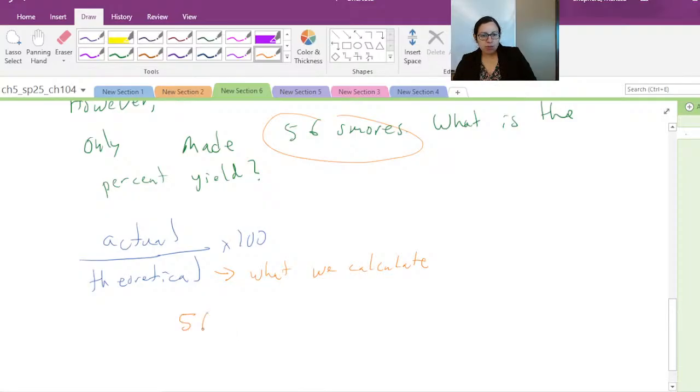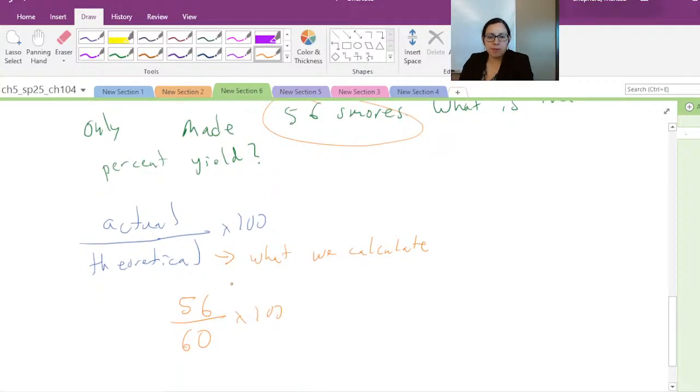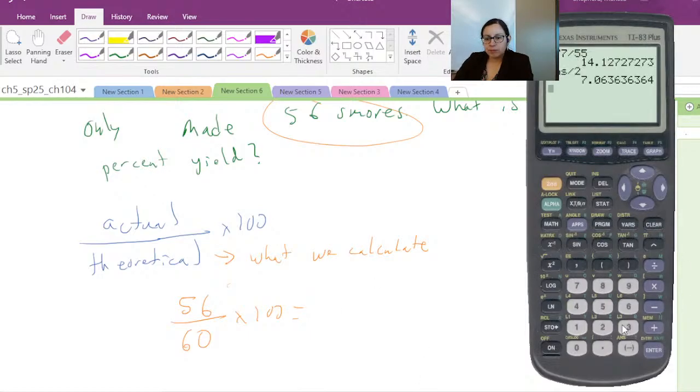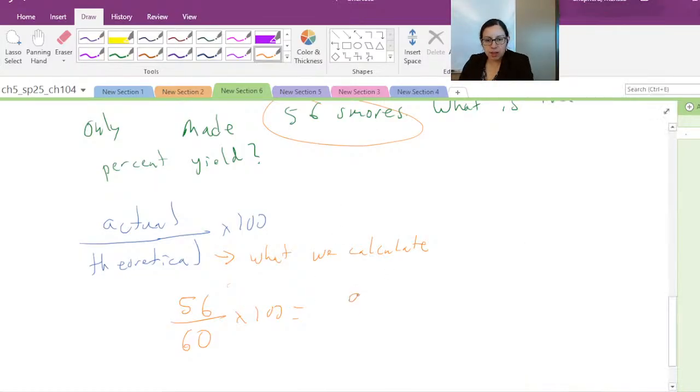So in this case, we just take 56 over 60, since we were given our theoretical yield in this problem. And then convert it to a percent, so about a 93% yield there.